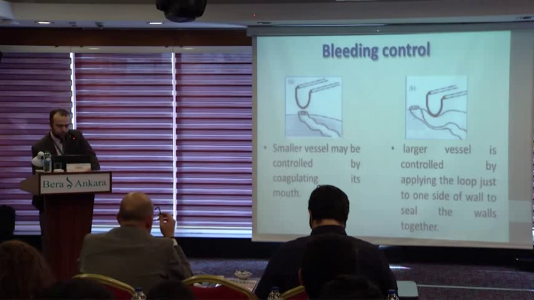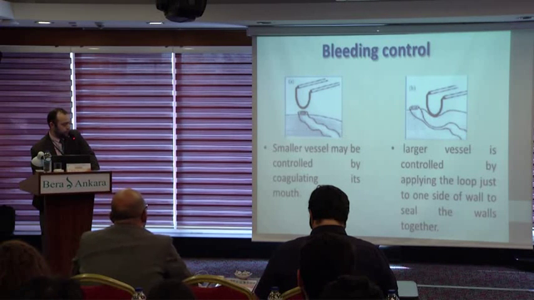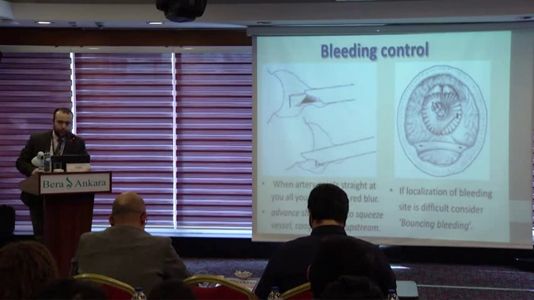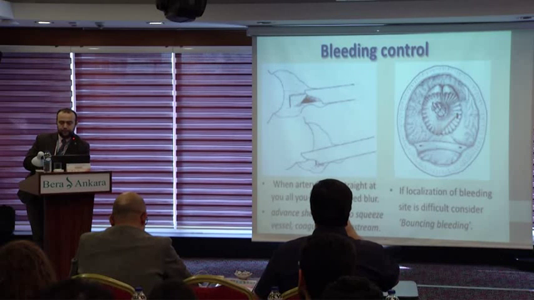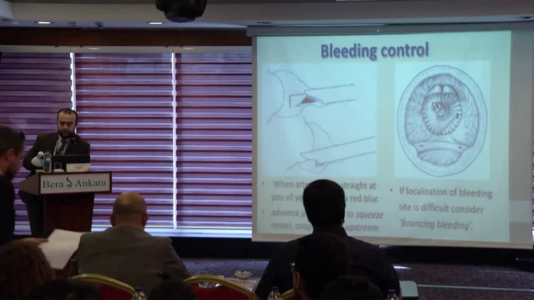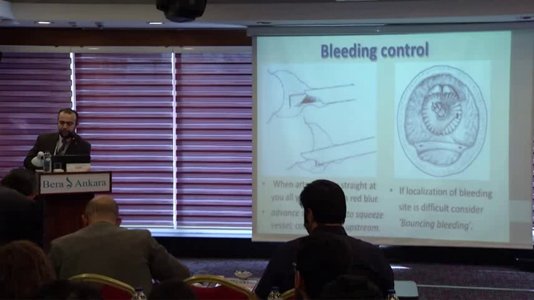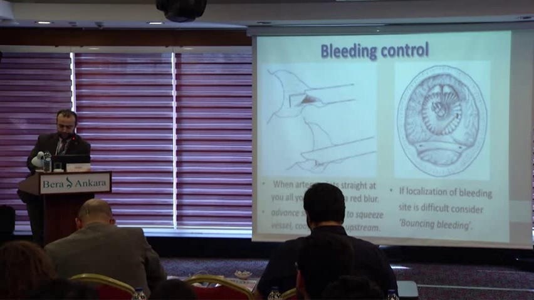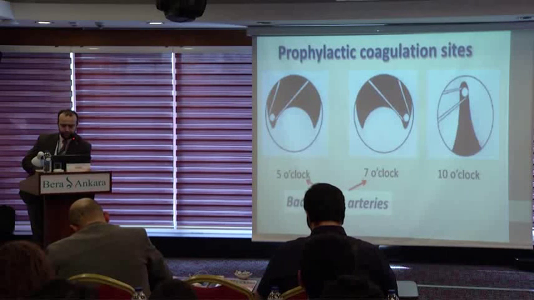Smaller vessels may be controlled by coagulating their mouths, and larger vessels are controlled by applying the loop. But sometimes you face trouble with bleeding control, especially if the bleeding site is difficult to localize. This is clearly an important point in this surgery.